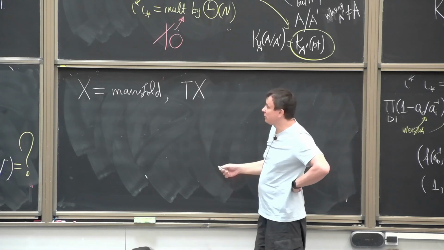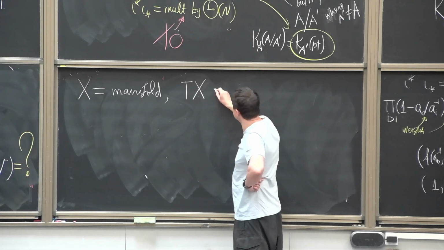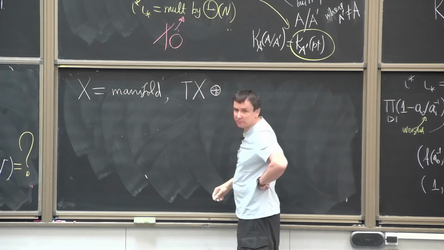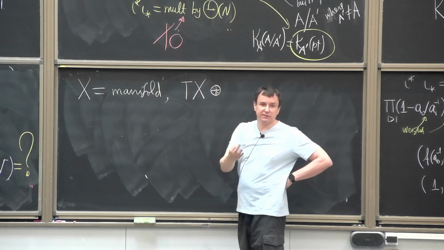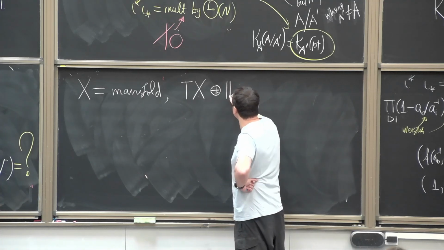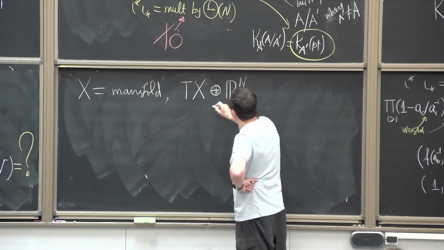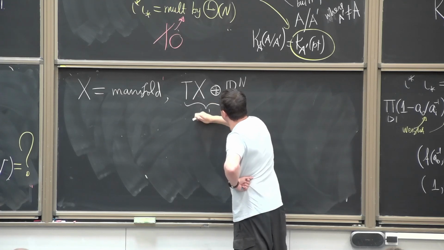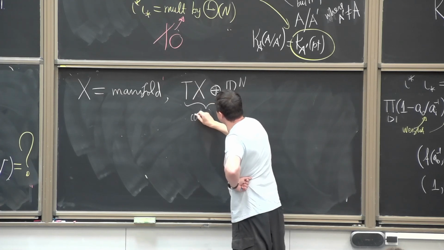Even better, since we're talking about characteristic classes, nothing is going to change if we add a trivial bundle. So we add some trivial bundle of some rank, and we assume it has complex structure.